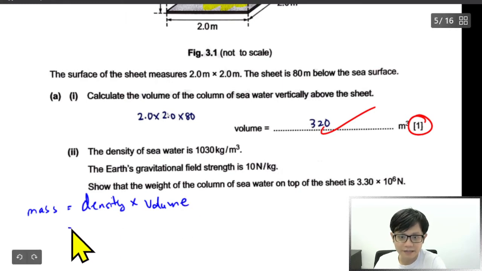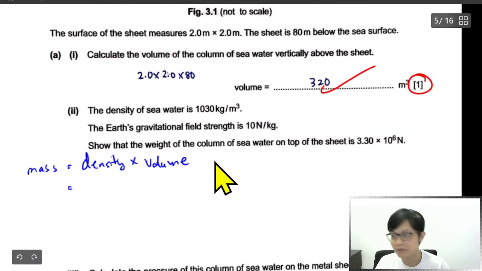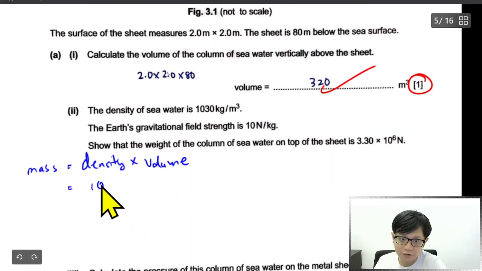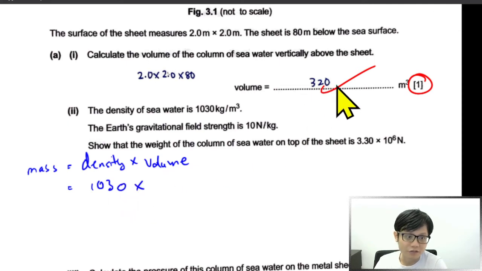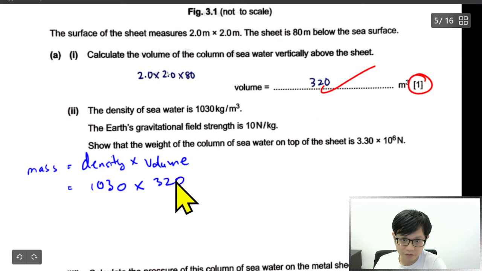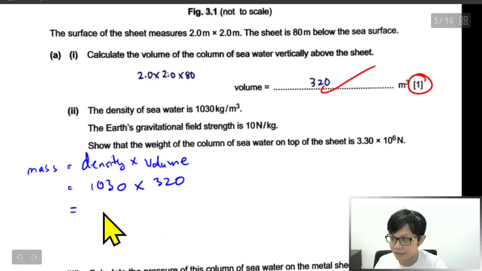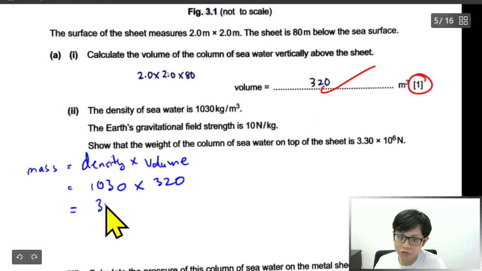So the density is 1030. Okay, 1030 times the volume. The volume is 320. You press your calculator, you will get something like 329600.